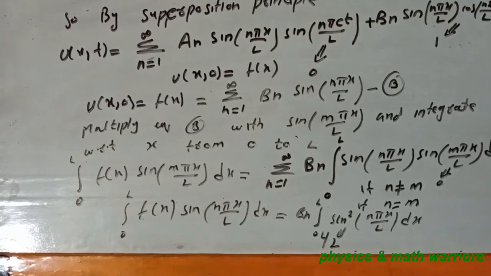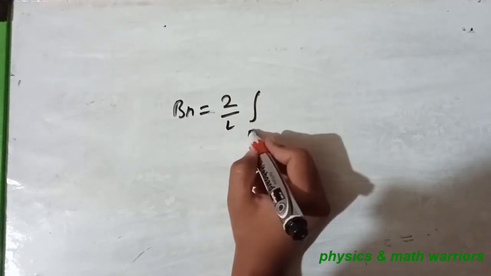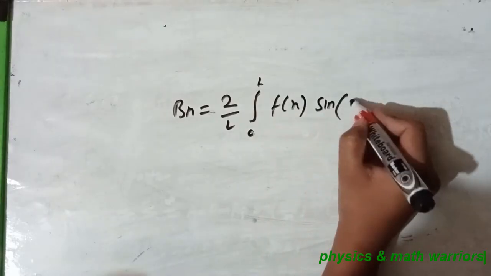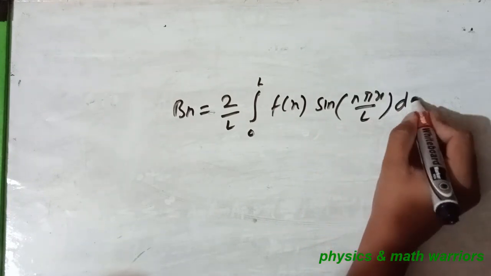So bn is equal to 2 by L times the integral from 0 to L of f of x sin(n pi x over L) dx.